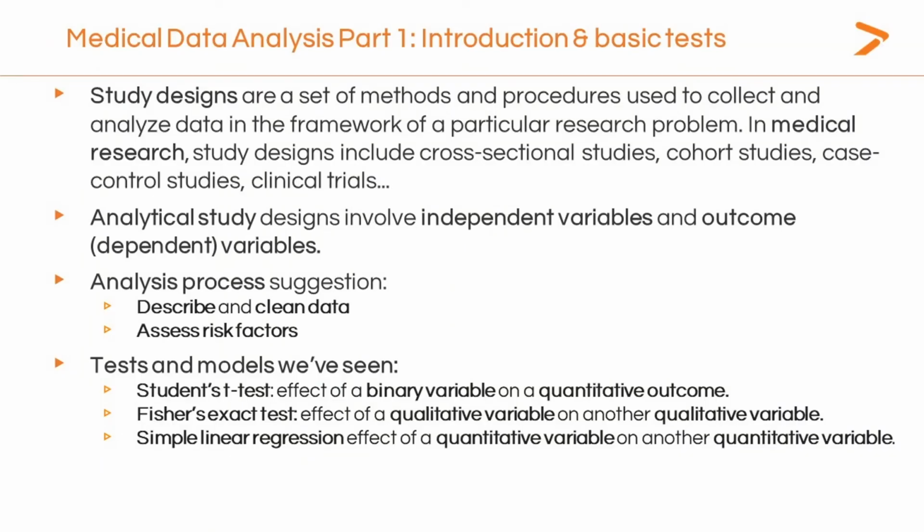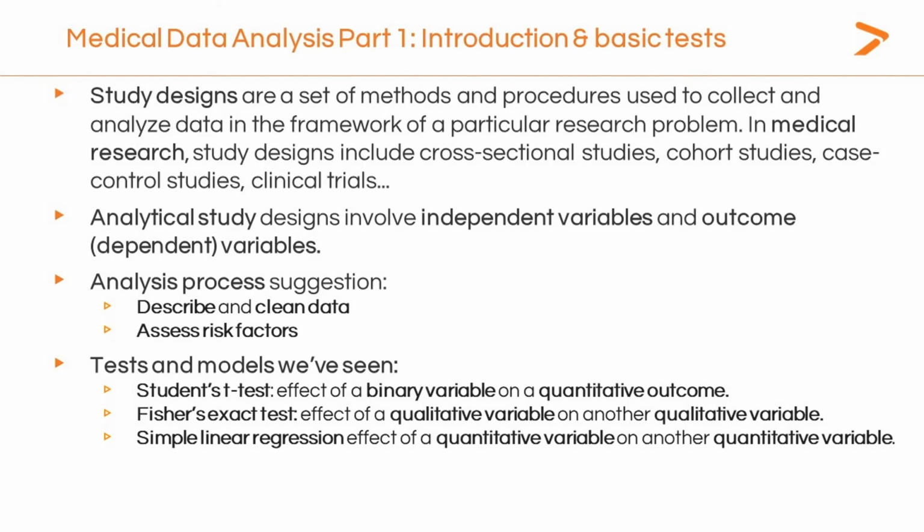So to sum up, study designs are a set of methods and procedures used to collect and analyze data in the framework of a particular research problem. And there are many study designs, which include all of these. Analytic study designs involve independent variables and outcome-dependent variables. These are designs we've seen today.